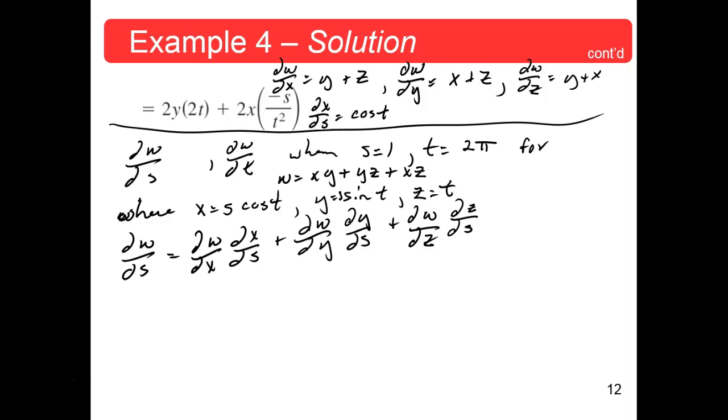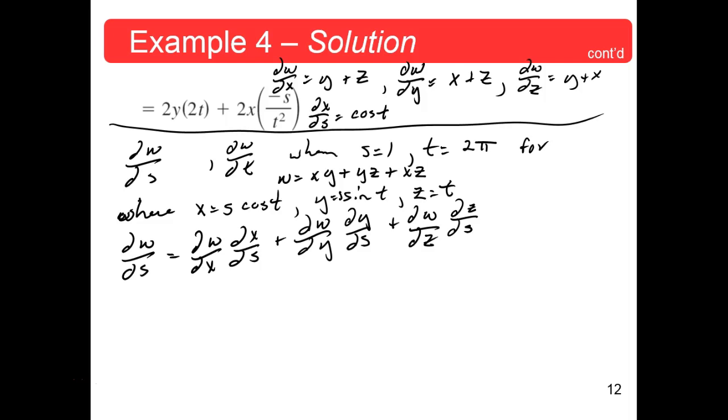So I just couldn't get everything on one screen, so I referred you back to Example 2. It would have taken me 3 or 4 screens, and then I wouldn't have had the things to refer back to. But then we did Example 3 and 4, and now we're doing Example 5. This is on page 915.